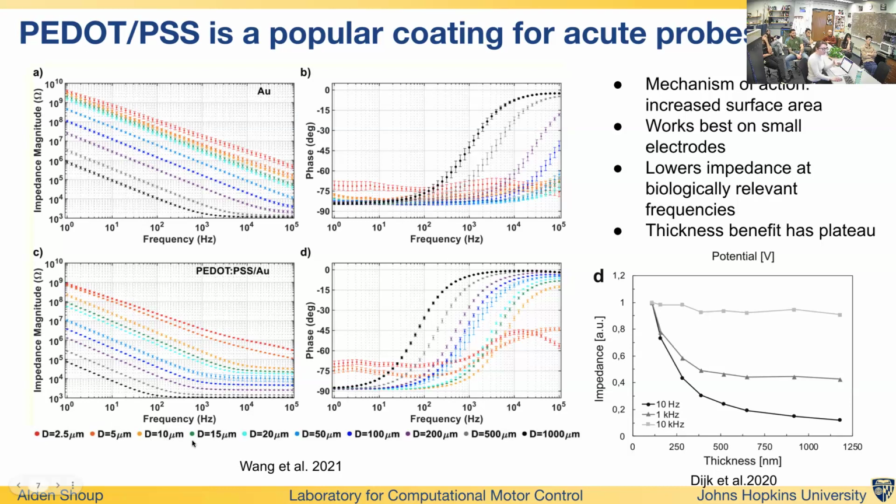They patterned different size gold contacts onto a circuit board, and they did a standard electrochemical impedance spectroscopy measurement, which is basically stimulating the contact of the electrode with a sine wave, and the sine wave varies in frequency, and you take this measurement at varying frequencies, which tells you what the characteristic is of that electrode at the frequency that you're measuring.